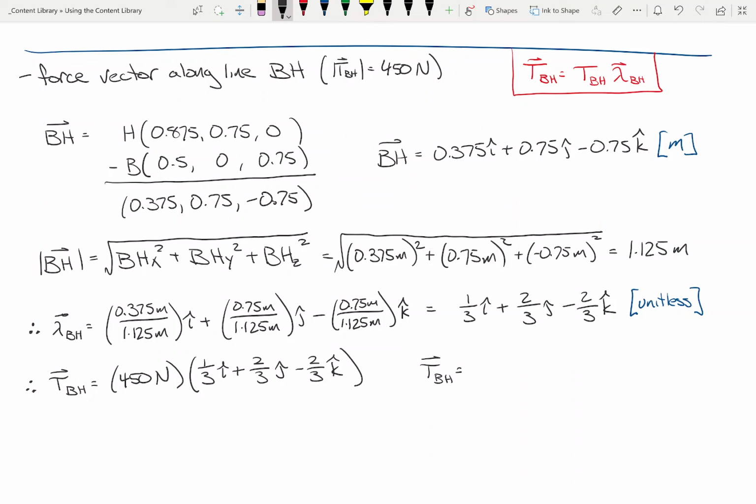So we're going to get 150i, and that is in newtons.